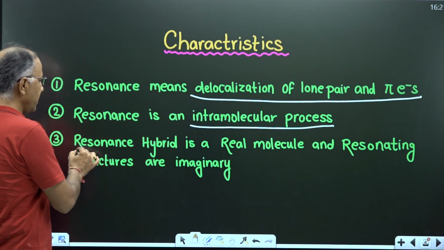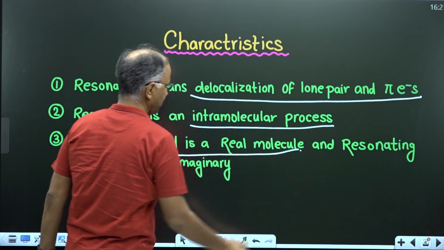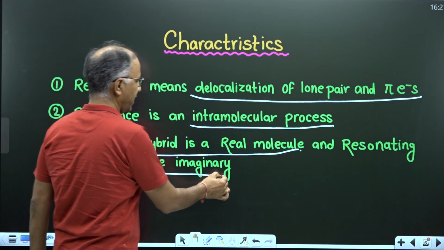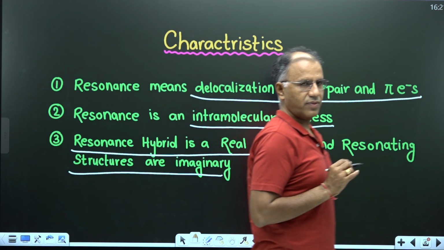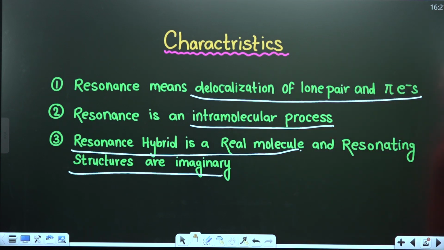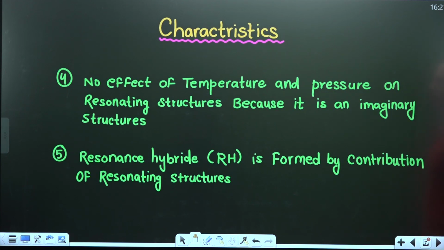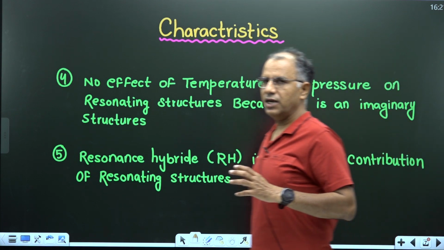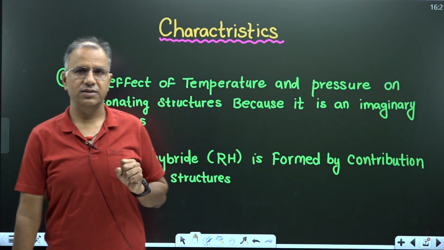Now, the resonance hybrid is the real molecule. It will exist, and resonating structures are imaginary. Got it? Write down these characteristics. Now, what is the effect of temperature and pressure on resonating structures?